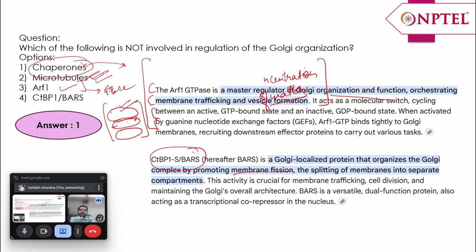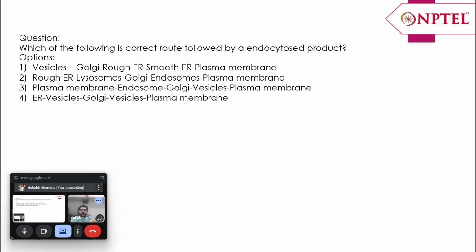Okay, if not, then we'll move on to the next one. Which of the following is correct? Route followed by the endocytosed product.